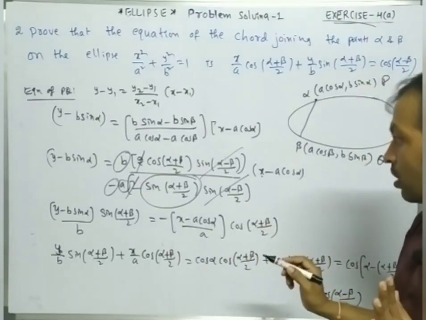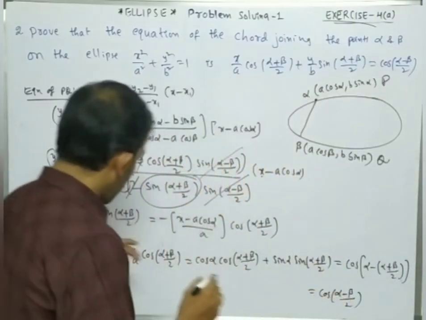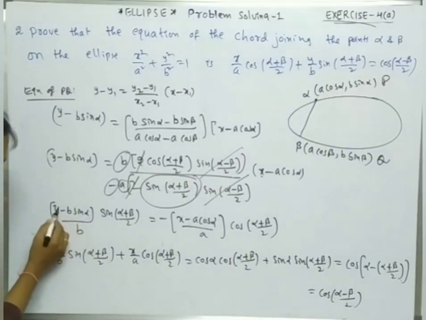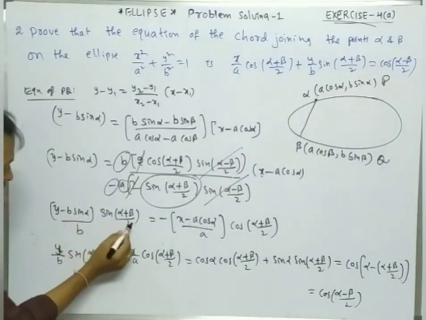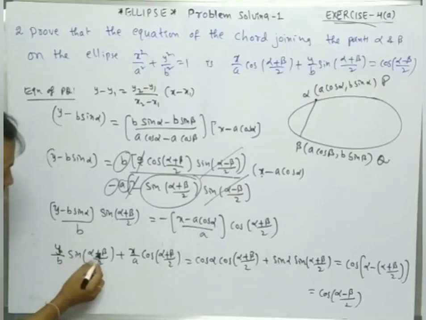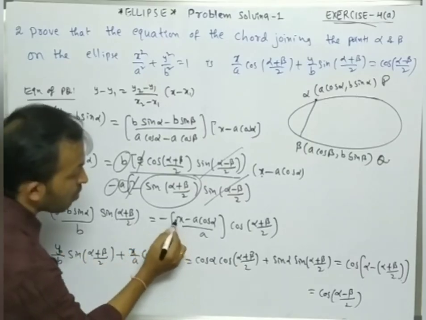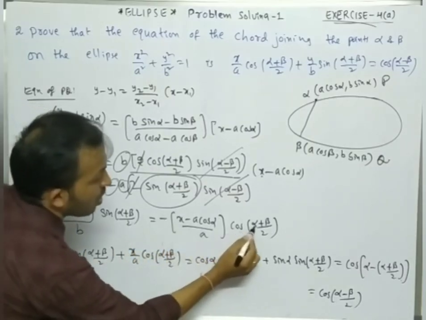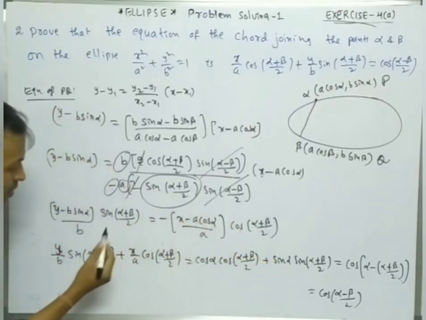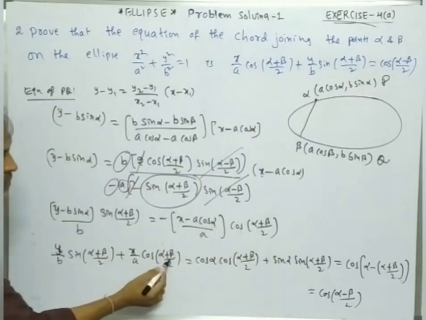Here remember one thing, that is y by b into sin alpha plus beta by 2. Here minus x by a into cos alpha plus beta by 2 brought to the left side becomes plus x by a cos alpha plus beta by 2.